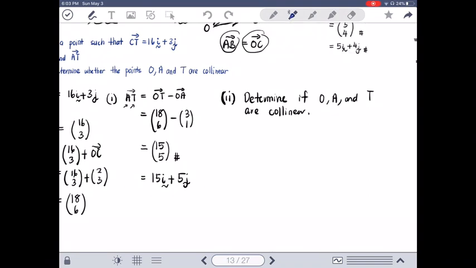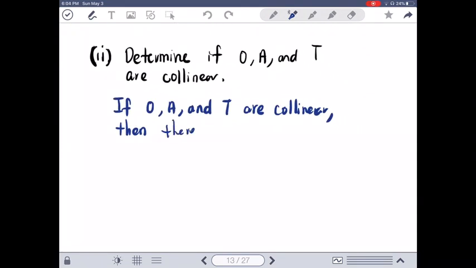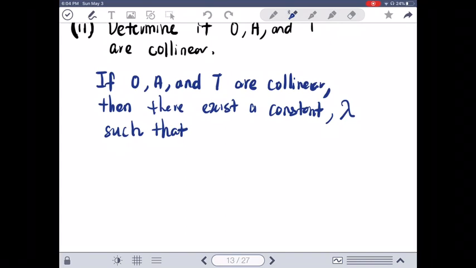So when we talk about collinear, we must prove that by concept, if O, A, and T are collinear, then there exists a constant, maybe I write as lambda, such that OA is equal to lambda AT.